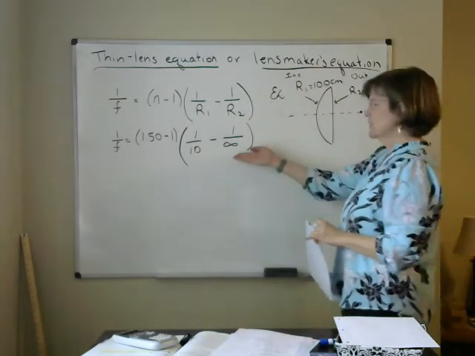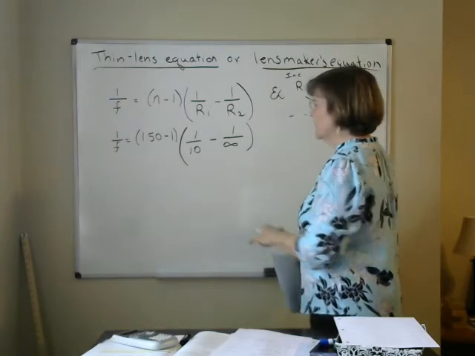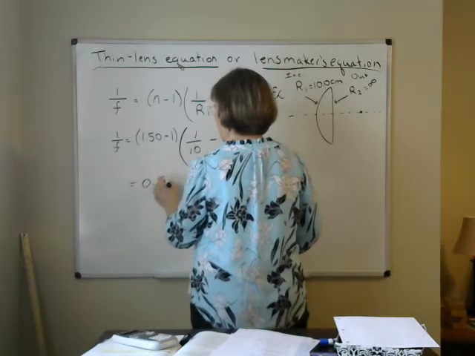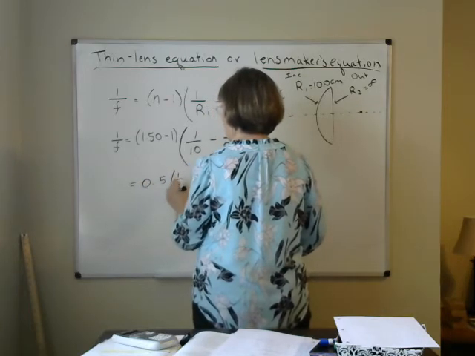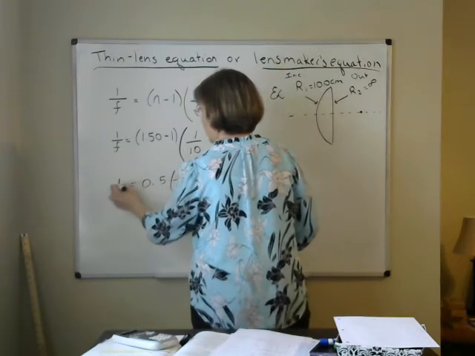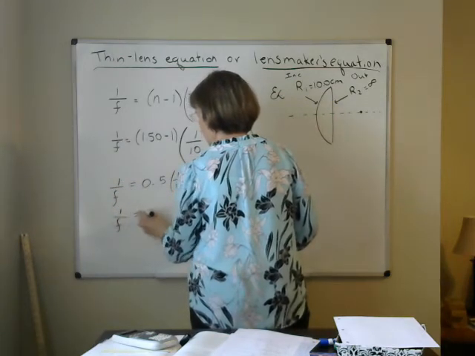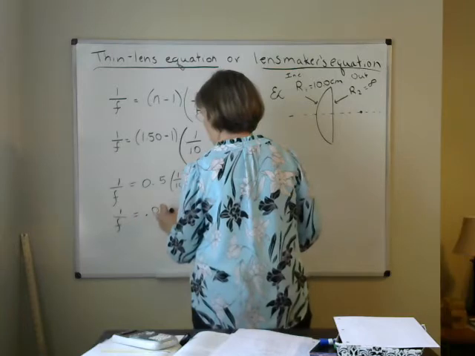So I know what to do with it. That's going to be 0. So this is going to be 0.5 times 1/10 is 1 over f. That gives me 1 over f is 0.05.